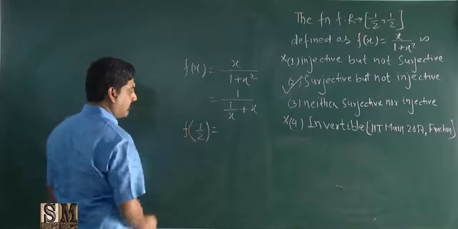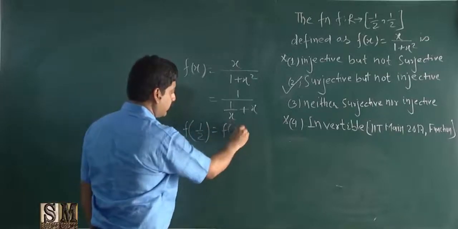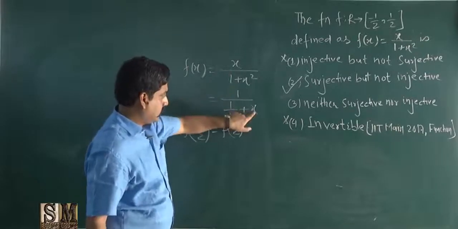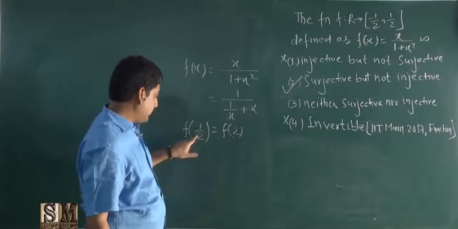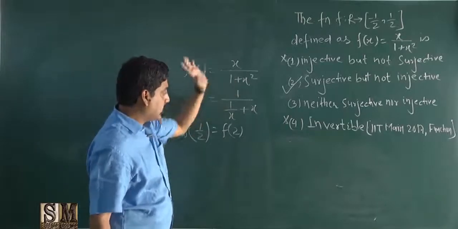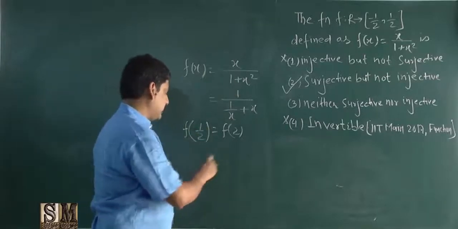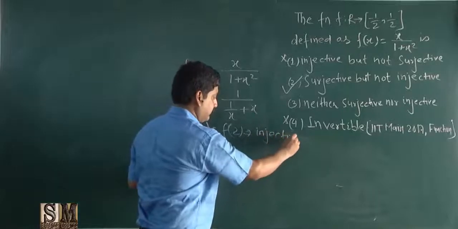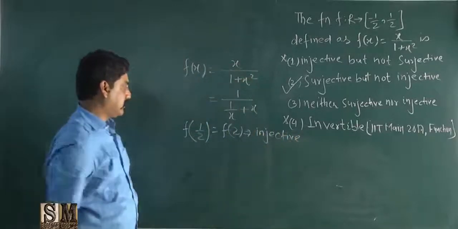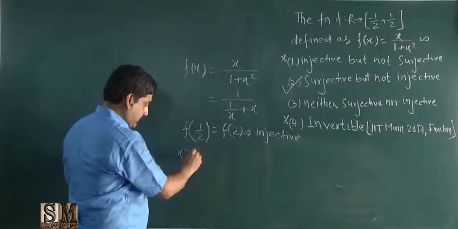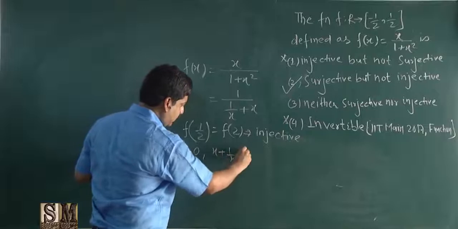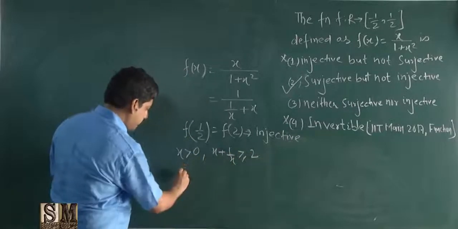This is f of 1 by 2, f of 2. This is 1 by 2, this is 2. And again, when we put 1 by 2, this is 2, this is 1 by 2. This implies what? The function is not injective. Again, we know when x is greater than 0, x plus 1 by x is greater than or equal to 2.